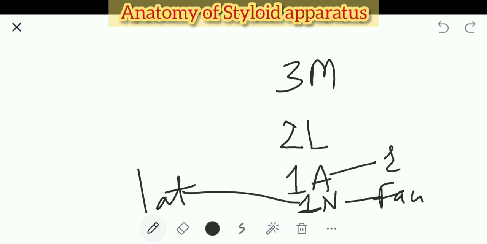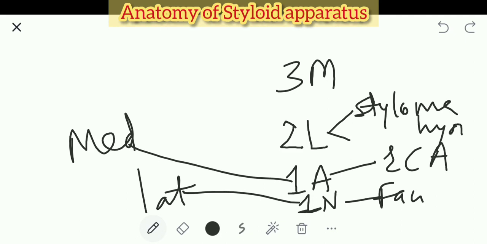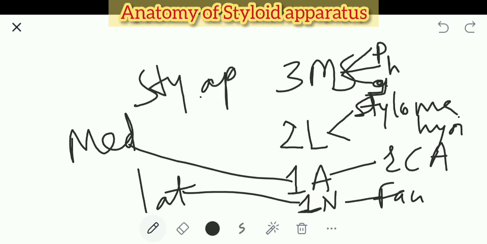Artery, external carotid artery going medially. 2 ligaments, stylomandibular, stylohyoid. 3 muscles, stylopharyngeus, stylohyoid and styloglossus. Simple. So this is about styloid apparatus.